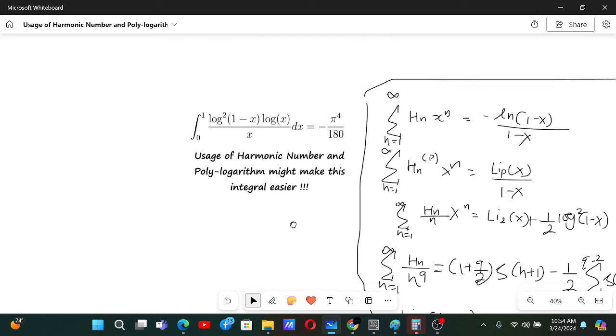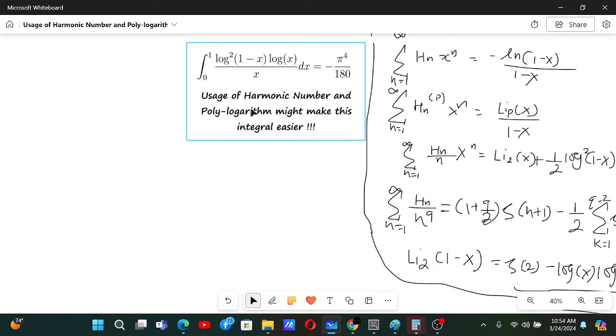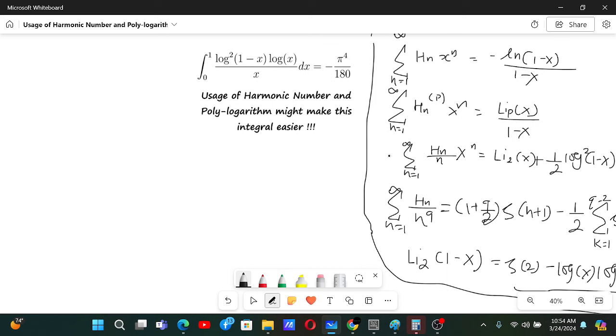So now for this case also, we know that there is an identity involving log square (1 minus x), so we will try to use this, and we will see how much easier it will be.